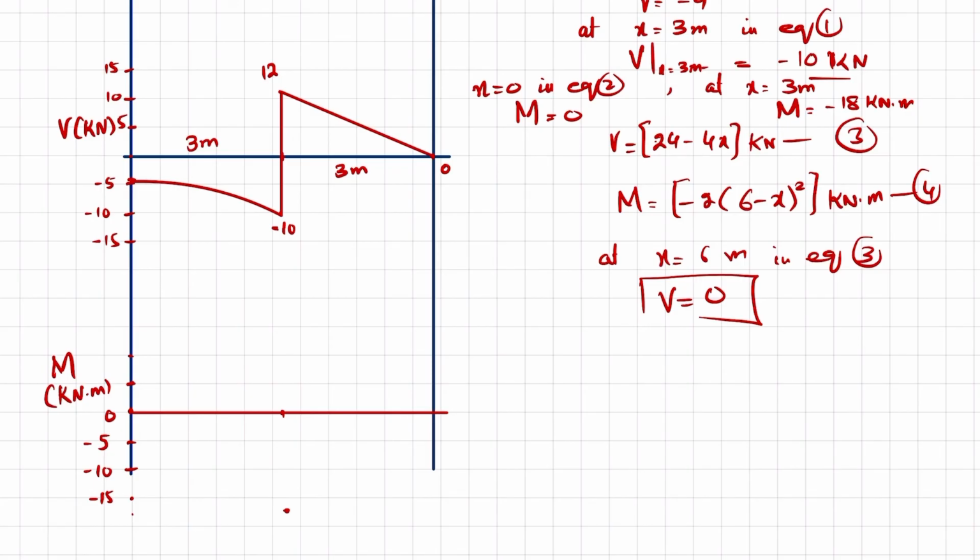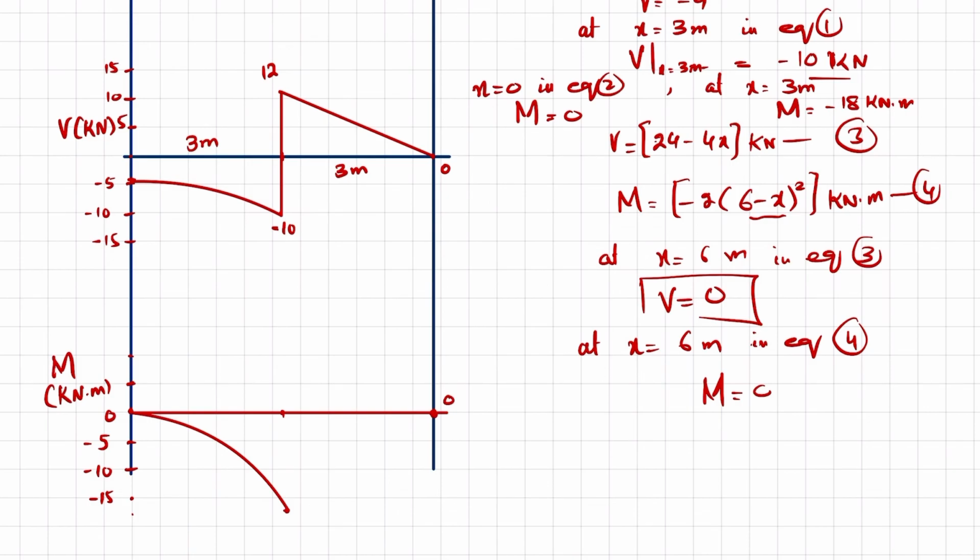It will be a third degree curve. Now at x is equal to 6 meter, when you put it in equation number 4, 6 minus 6 is 0, 0 into 2 is 0, so moment will be equal to 0.